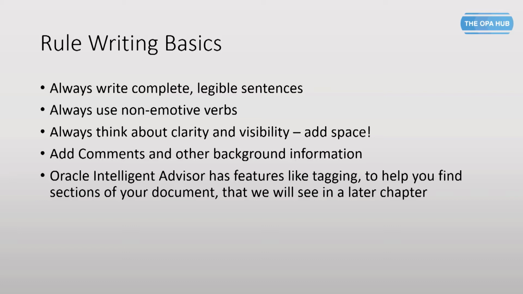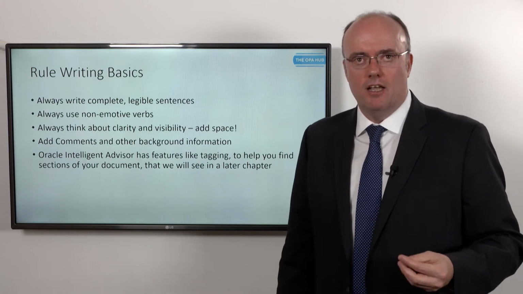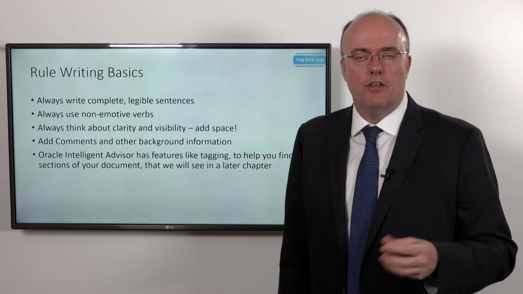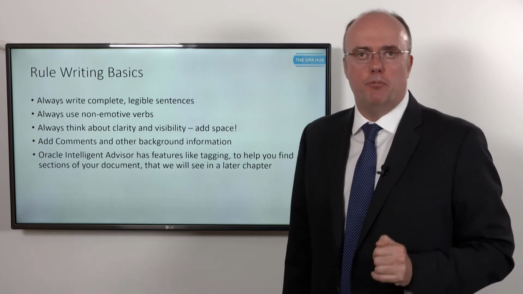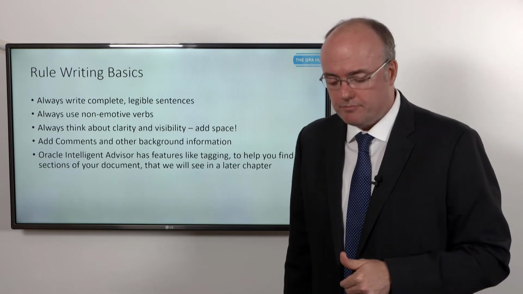Avoid emotive language like you must do this. Firstly, because that's not really very professional. You are required to do this, or the law says that you should do this, but must, and then we get into you should or you should not. Think about how people will interpret this, and think about how OPA would interpret it as well.